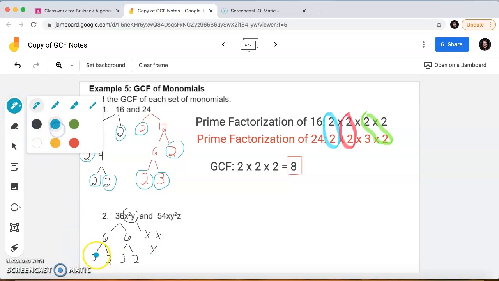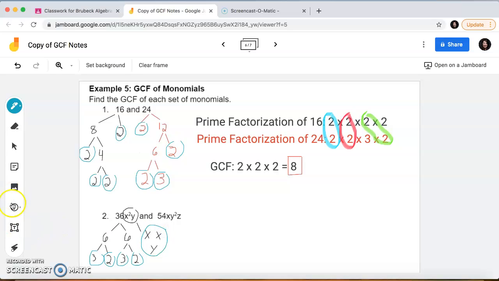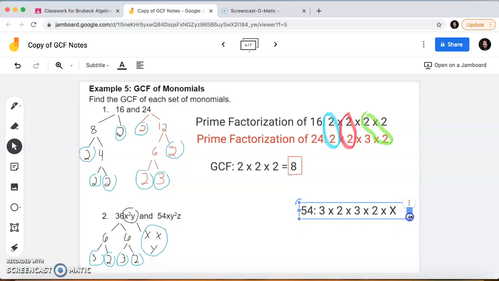So our prime factorization is going to be 3 times 2 times 3 times 2 times x times x times y. I'm going to write that here, 3 times 2 times 3 times 2 times, I'll make a big X to show the X, times X times Y.